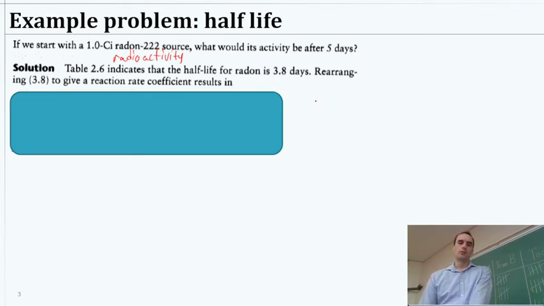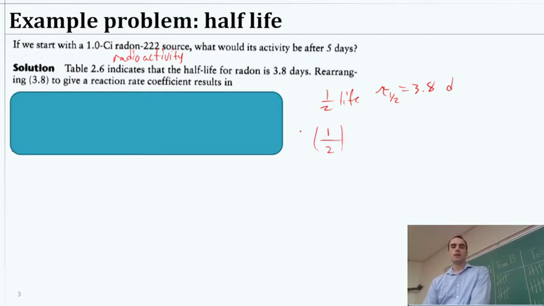Okay, so in this case, we're given this radon has a half-life of 3.8 days. So we'll just say half-life, or maybe tau 1/2, 3.8 days. That means that if we started with 2 and ended with 1, that's 1/2.